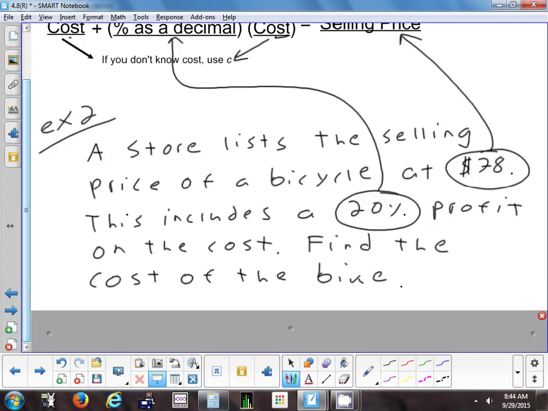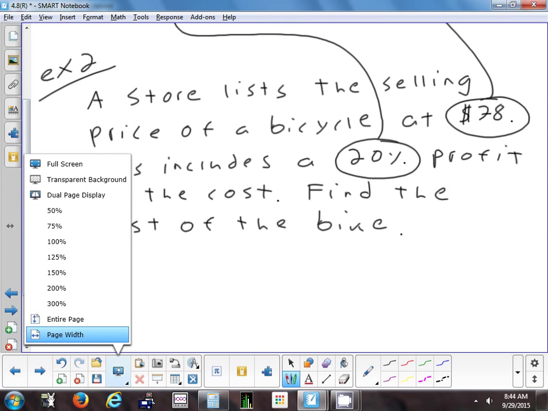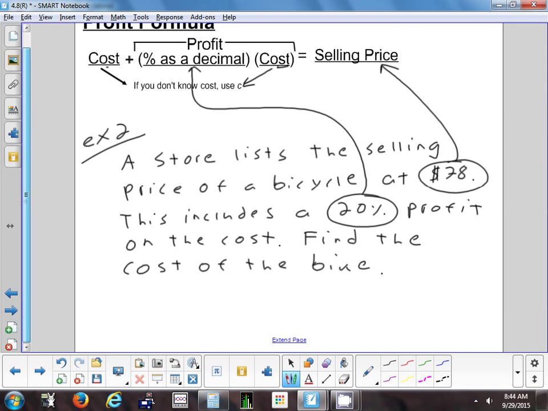All right, so let's see if we can set this one up. Let's get the formula so you guys can see it. First thing I need is cost. Okay, Sam, how did we say we're going to represent cost? Yep, so we're going to put C plus.